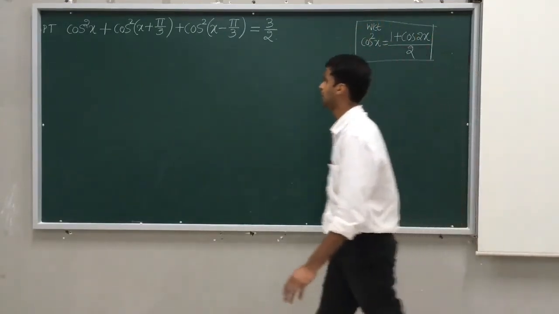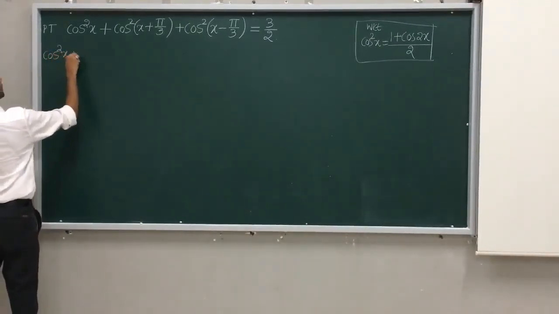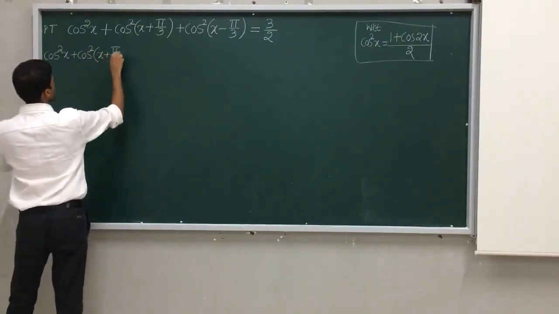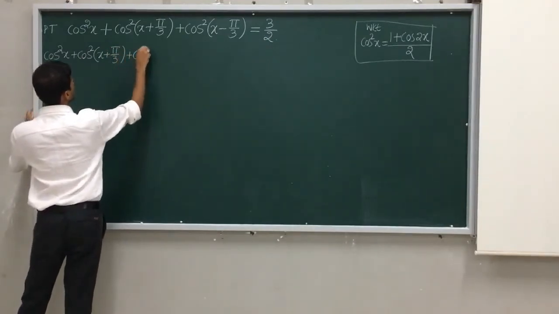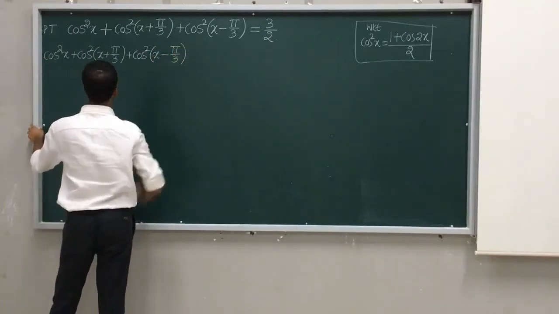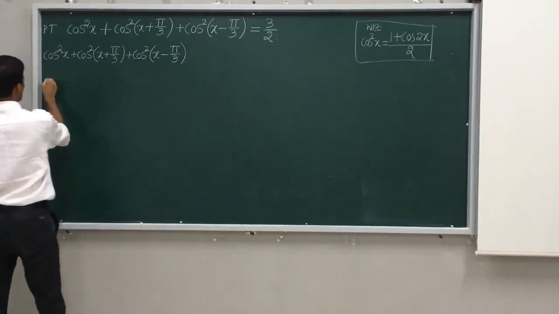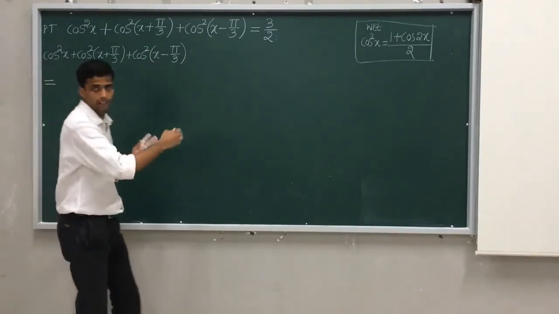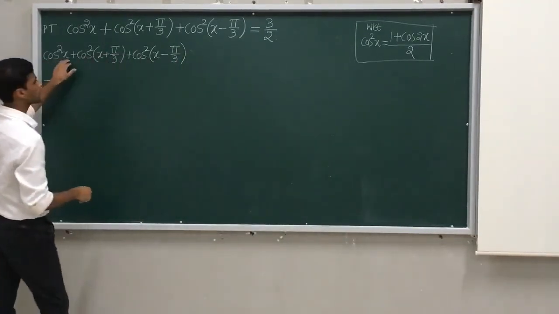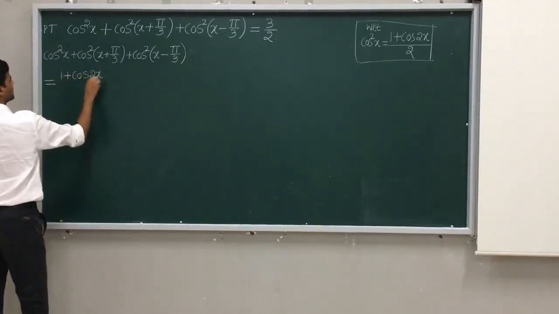So I will consider the left hand side first: cos square x plus cos square (x plus pi by 3) plus cos square (x minus pi by 3). I'll write this down since I need a huge space to prove this result. Cos square x is nothing but (1 plus cos 2x) by 2.